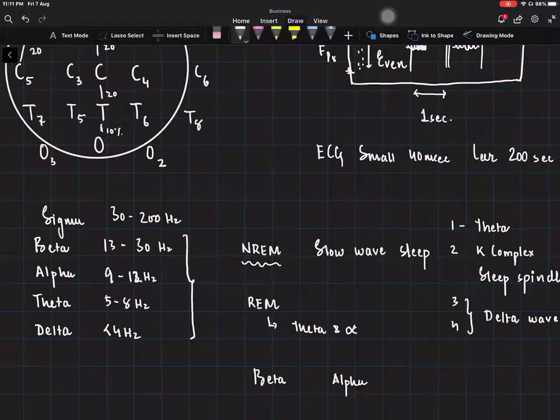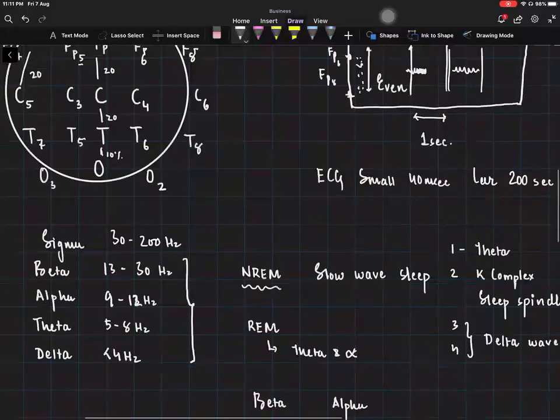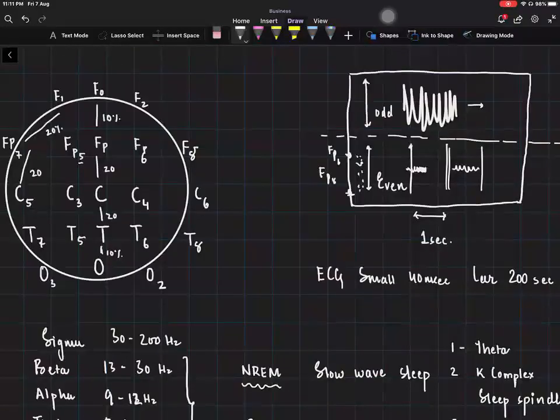Generalized slowing. Good. And what about Creutzfeldt-Jakob disease? Biphasic and triphasic. And what will be the frequency in absence seizures? 3 hertz, spike and wave. And what about GTCS? 25 to 30.